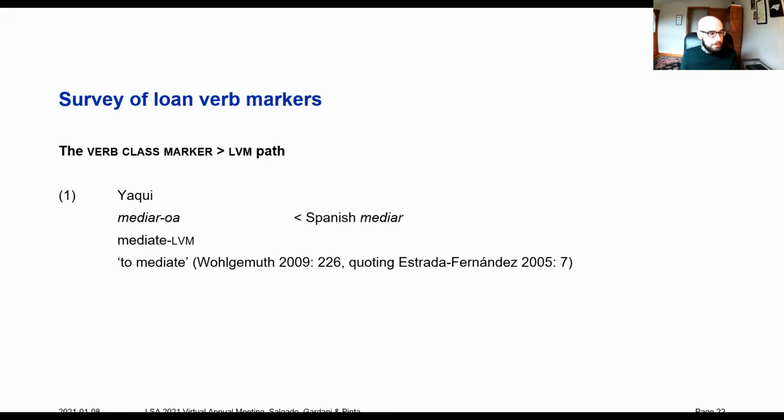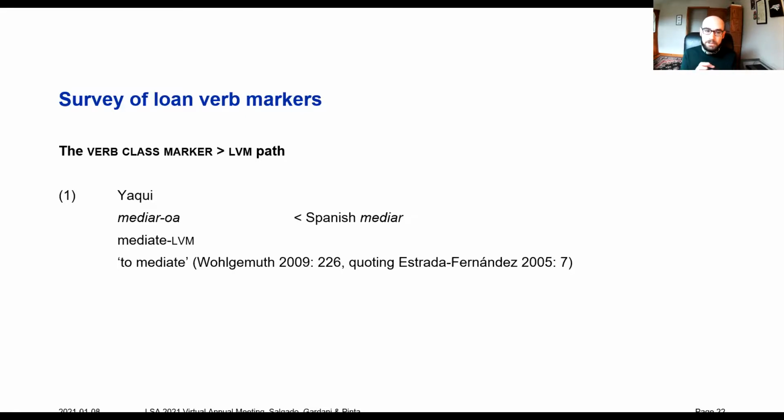So to start with a brief survey of loan verb markers, Yaqui is a Uto-Aztecan language which is spoken in Mexico, and it has this suffix oa, which is a loan verb marker, which it uses to accommodate loan verbs from Nahuatl and Spanish. And this is originally from Nahuatl. This oa is a class marker of a certain class of verbs. And after a certain amount of loans were borrowed into Yaqui from Nahuatl, they basically regularized this as a loan verb marker.